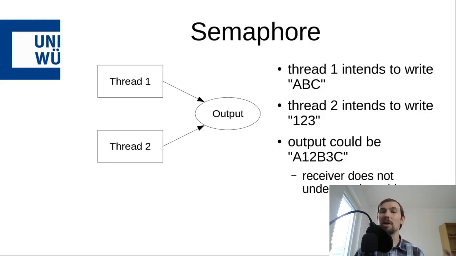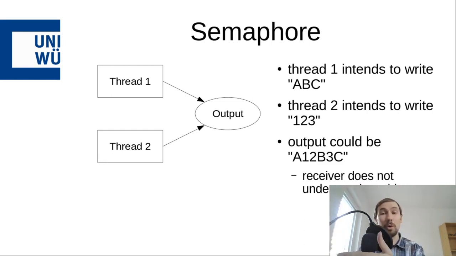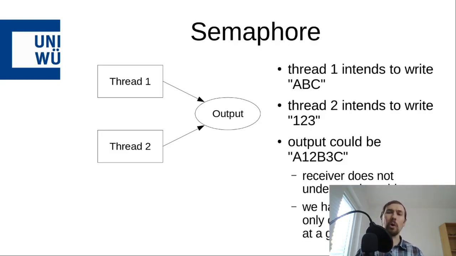It's just garbage that it receives. If we make sure that the first thread prints to the output and then the second one, that would work for the receiver. So we have to make sure that only one thread is printing at a given time.